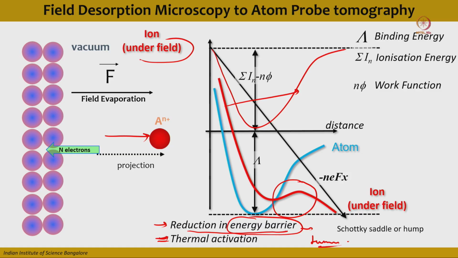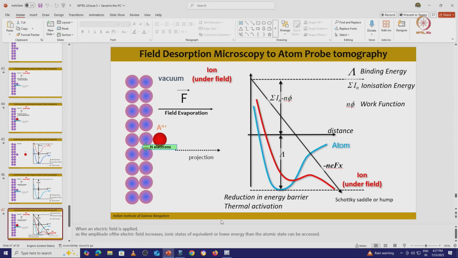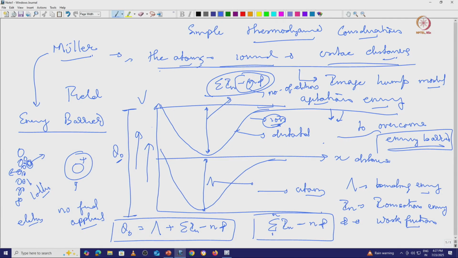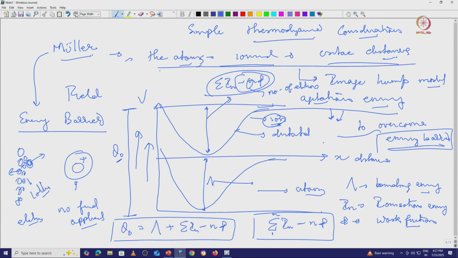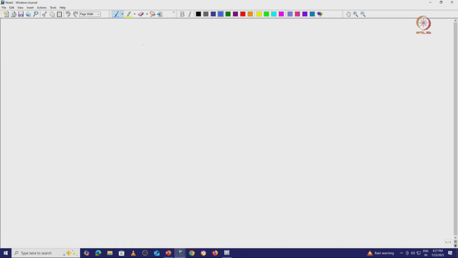Okay, now we'll go through some of the basic equations which can describe the energy barrier.